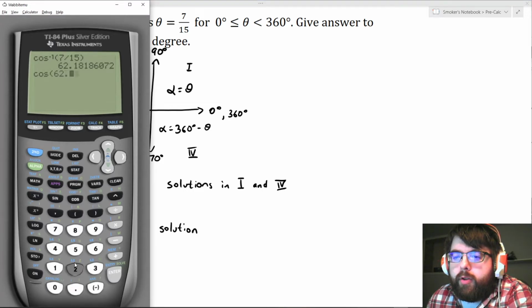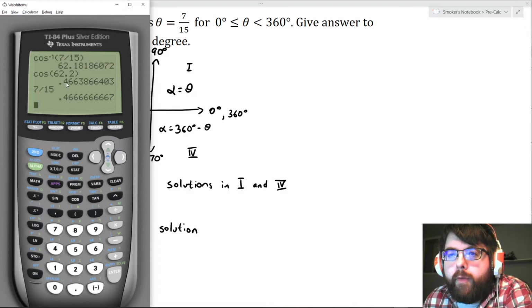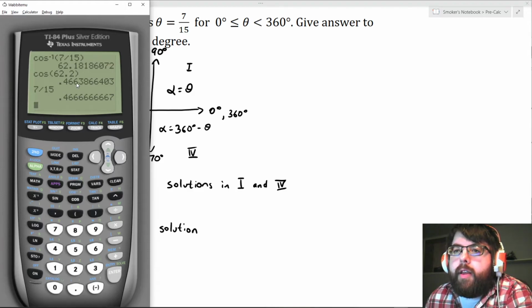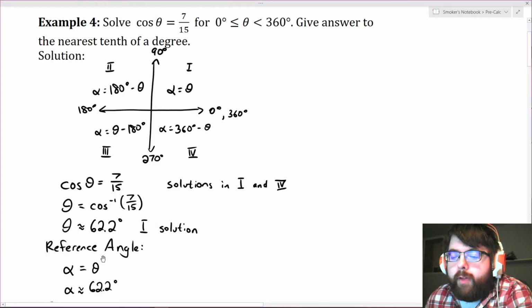Now, it's not going to be exact because I'm rounding, and I also need to know what the decimal value of 7/15 is. You can see 0.466 is, because I'm approximating, not exact, which would be 0.466666 repeating. Hopefully that makes sense, what the reference angle is.